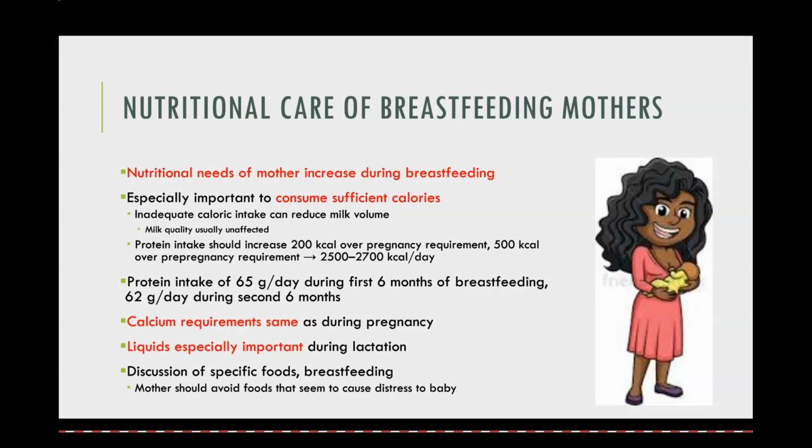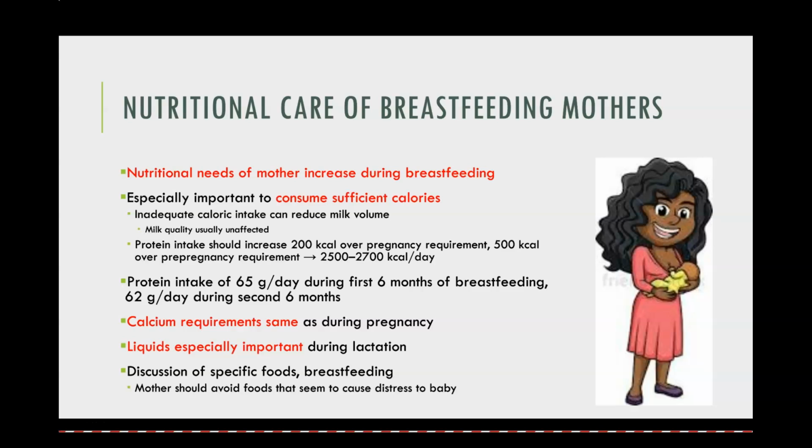So 200 calories more than what she was eating while she was pregnant, and 500 calories over what she was eating before she got pregnant. So we're looking at somewhere, for somebody who's in a normal caloric range, somewhere between 2,500 and 2,700 calories a day.